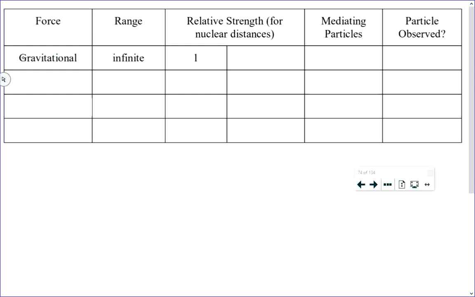We talked about these forces to introduce the strong nuclear force. Do you remember that? It had to be the force holding a nucleus together. The range is infinite. The hypothesized mediating particle is called a graviton. And here's the problem. It's never been observed.